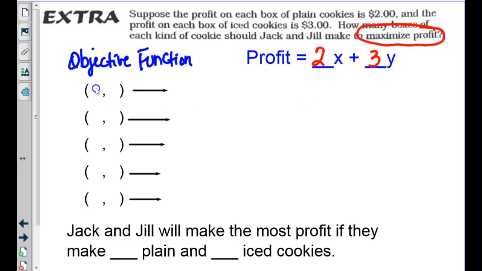What we have to do is list all those corner points. Can anybody tell me? There was (0, 0), what else? Oh, no. Okay, and (0, 50), is that right then? Okay, and what?